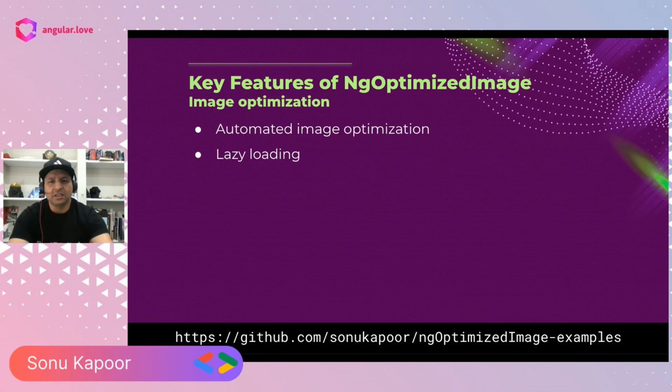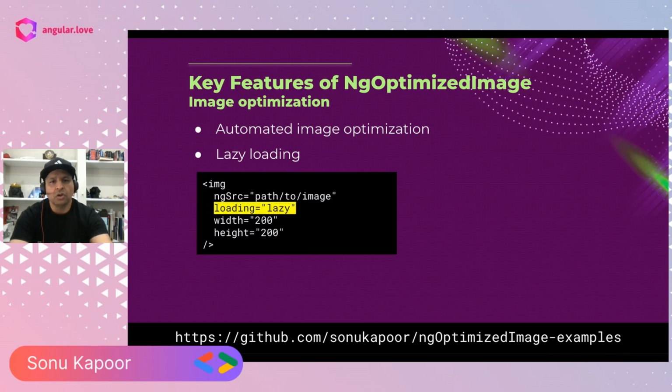So let's start with lazy loading, right? The directive can be used to defer the loading of off-screen images until they are needed. And that again reduces your initial load time and also improves the perceived performance of your application. All you have to do is add the loading attribute and set it to lazy, right?